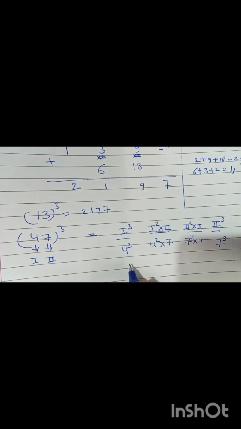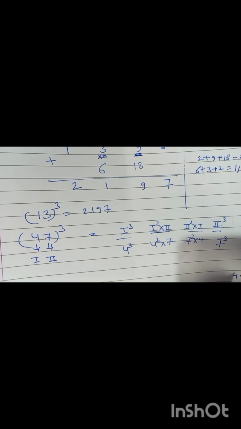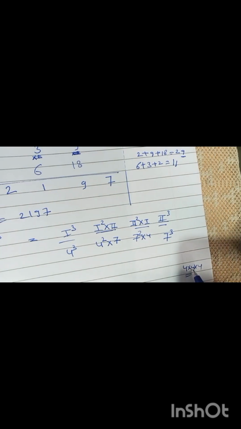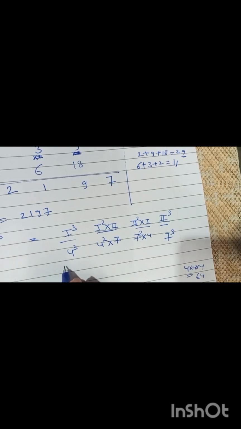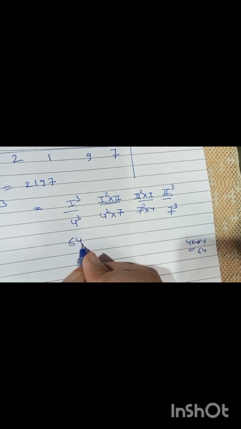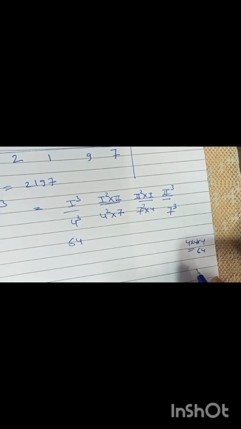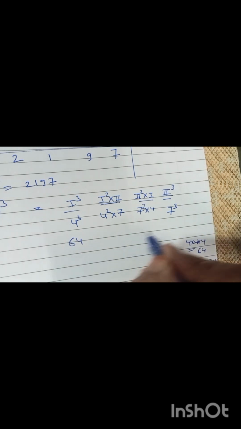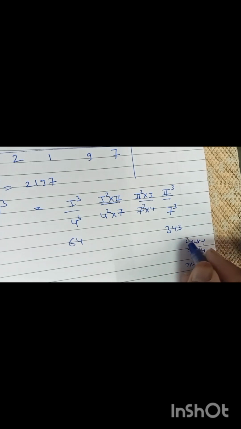Now we will calculate these values. Cube of 4 is 4 into 4 into 4. 4 4s are 16 and 16 4s are 64. So I will write 64 here. Then 7 cube, 7 into 7 into 7, is 343. I will write 343 here. This is the rough work.